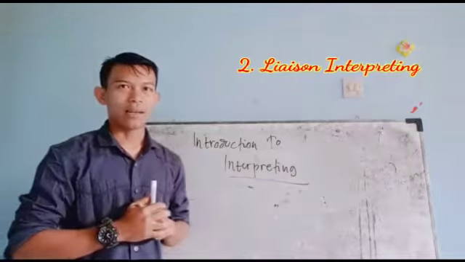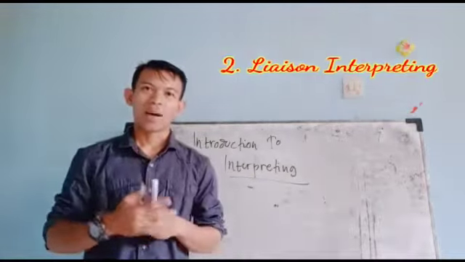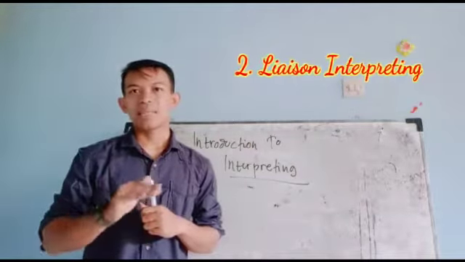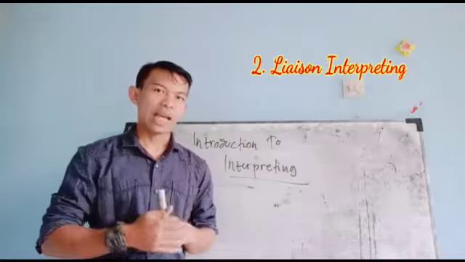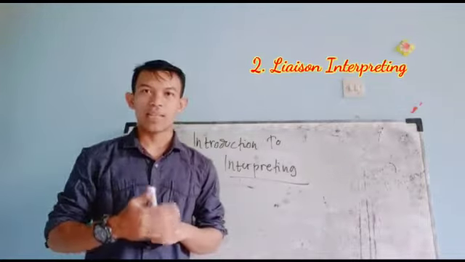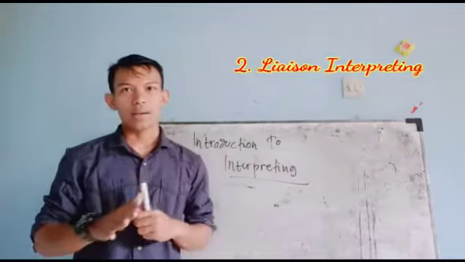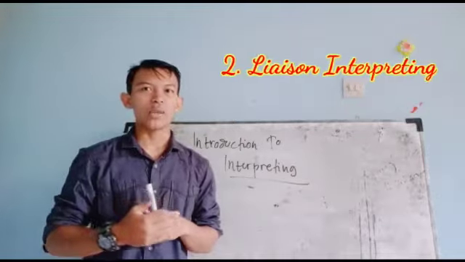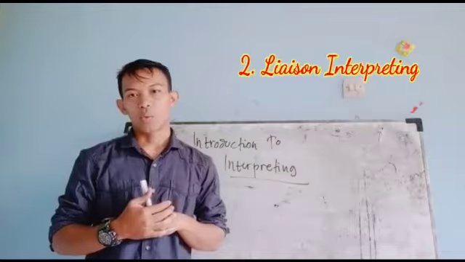And the second, liaison interpreting. It has not always been seen by conference interpreters as an area of interpreting in its own right, but rather as a residual arm of language work at the base of multilingual welfare work.